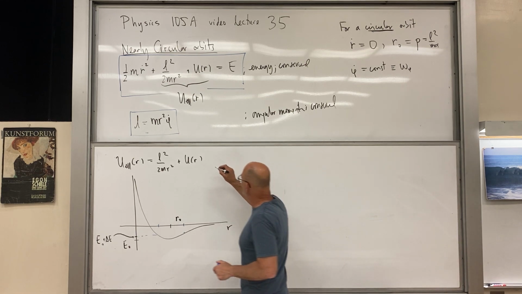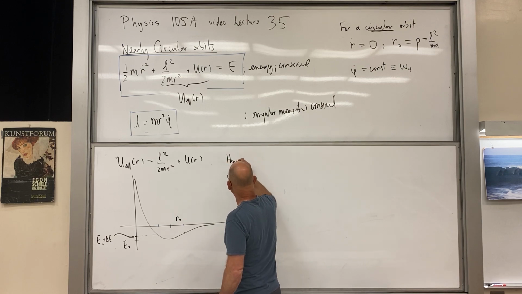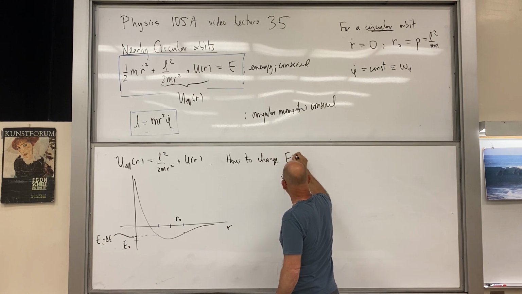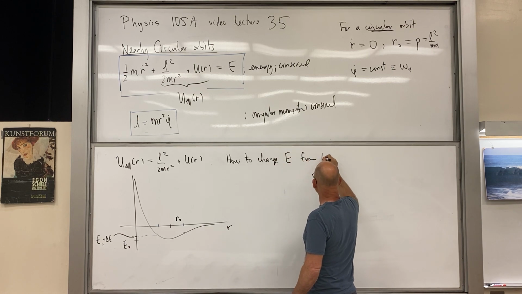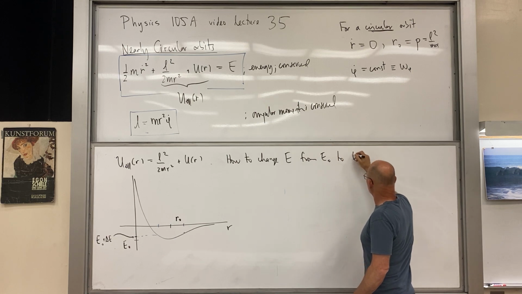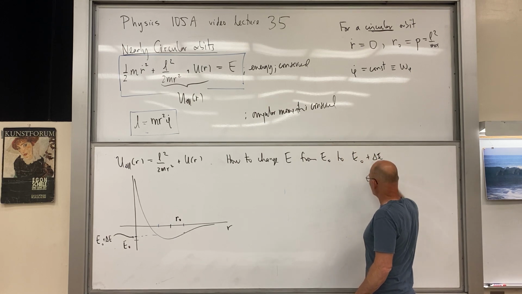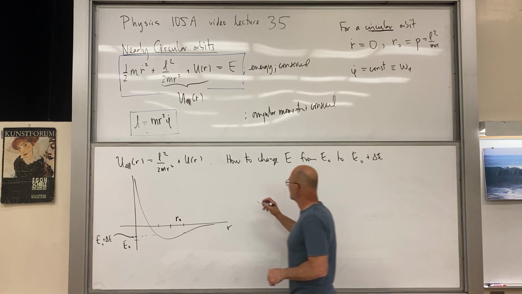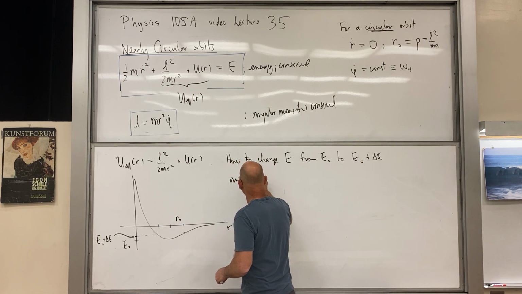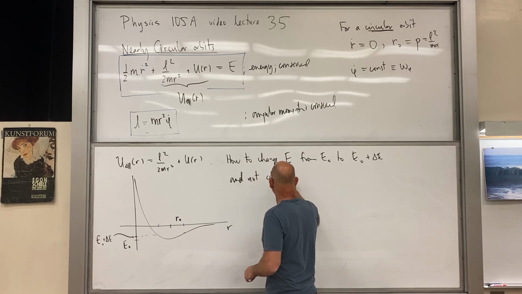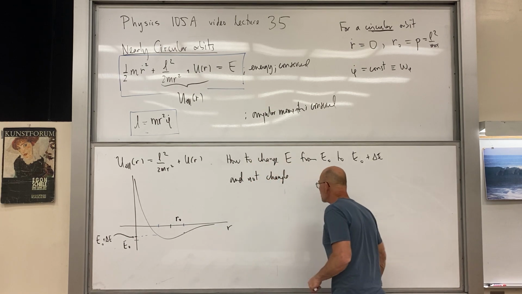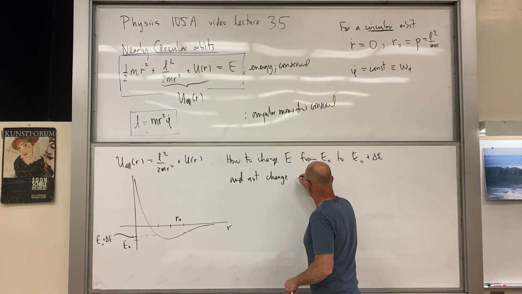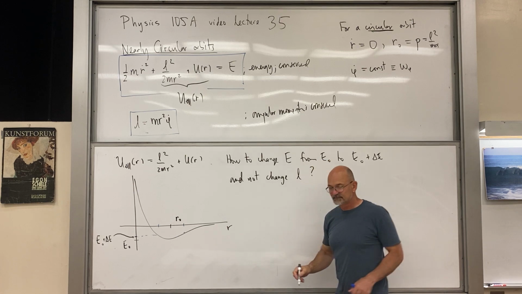Okay, so how to change E from E0 to E0 plus delta E without changing the angular momentum L?